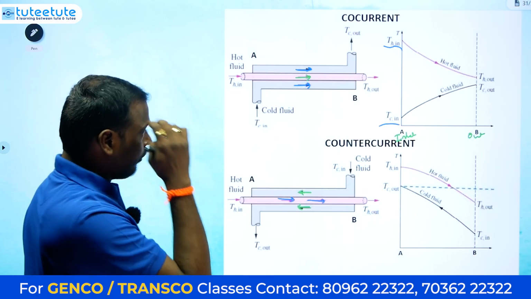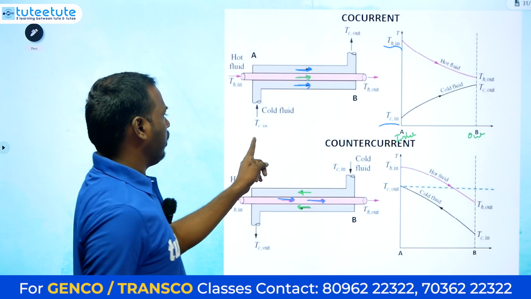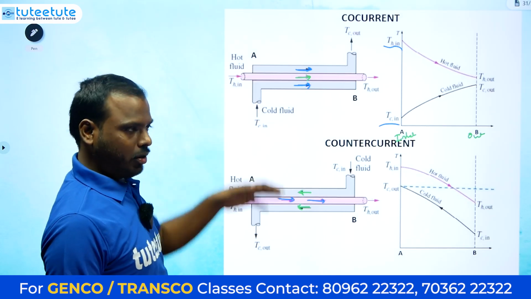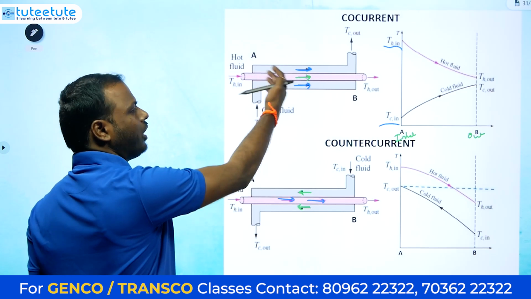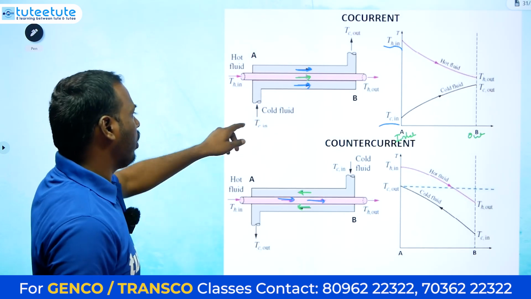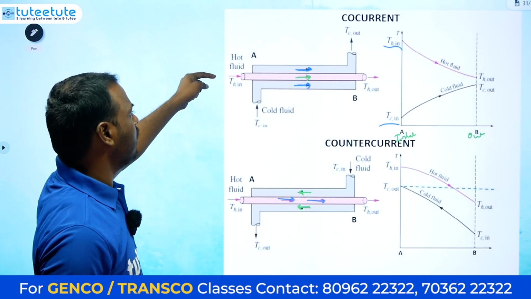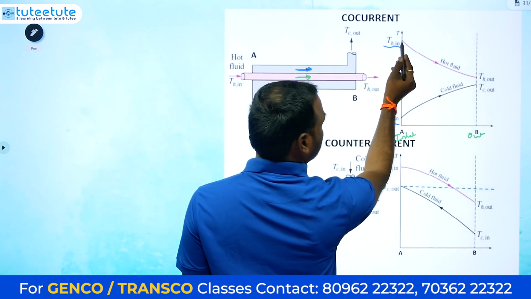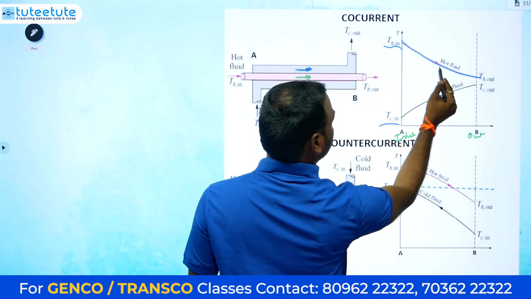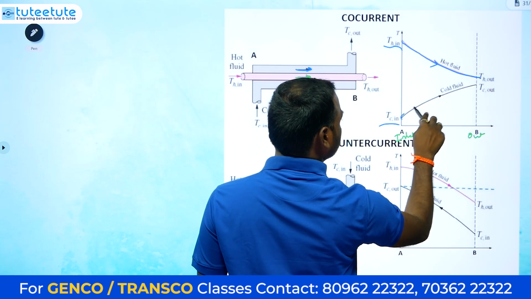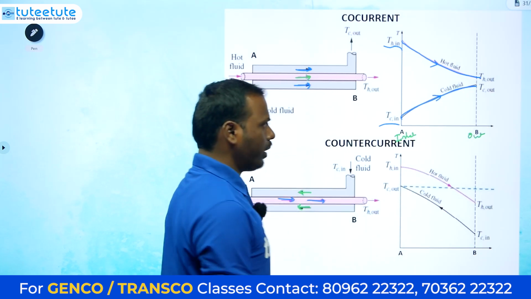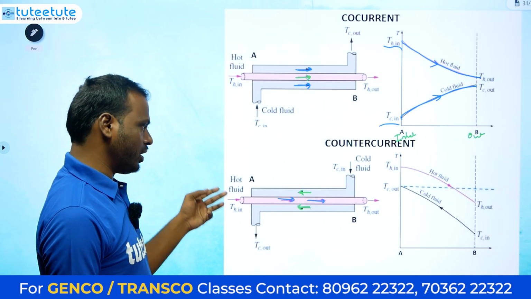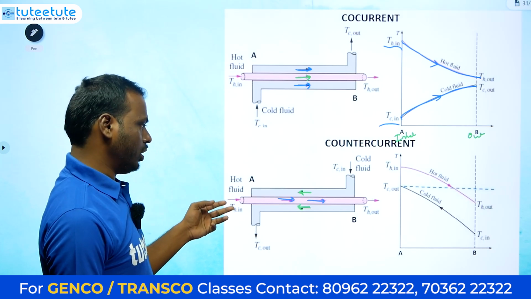For this, the temperature of the cold fluid will increase, because of course not direct contact but indirect contact. Cold fluid temperature is increasing, hot fluid temperature will decrease. Similarly here also, hot fluid temperature is decreasing and cold fluid temperature is increasing.